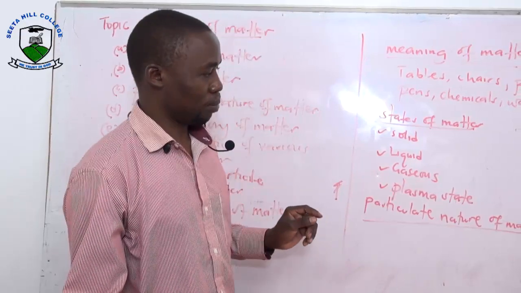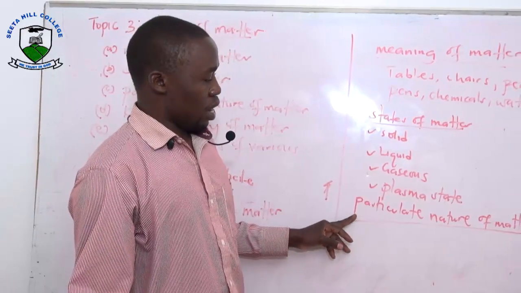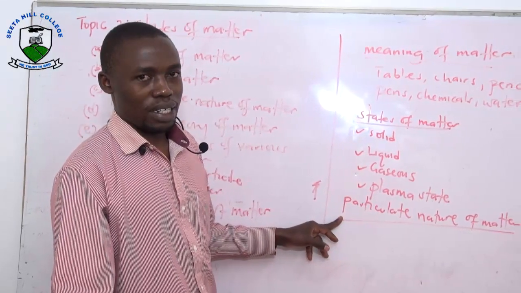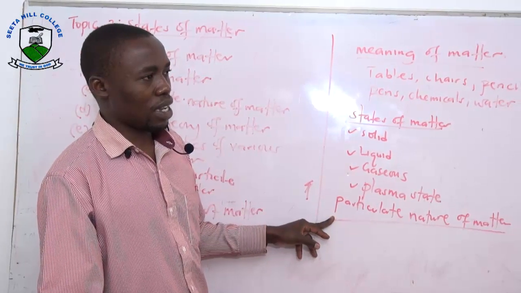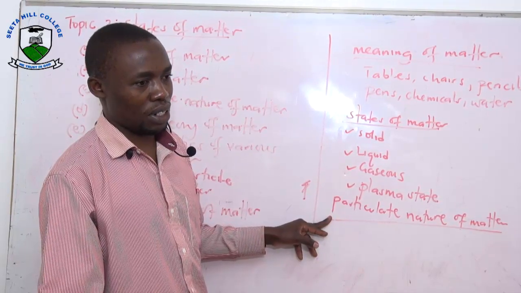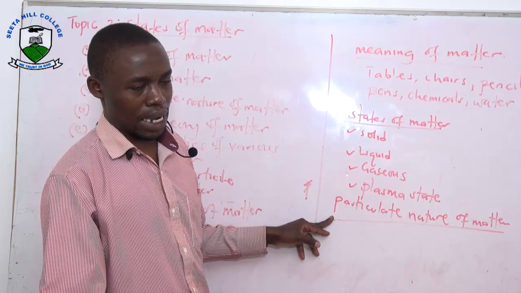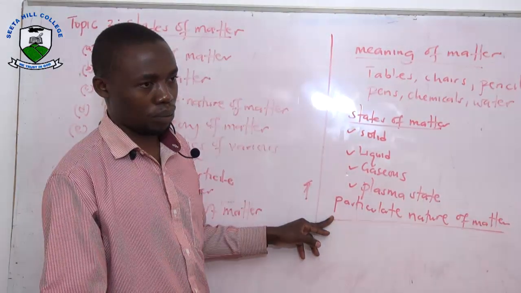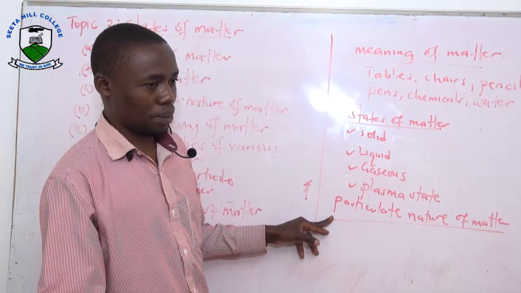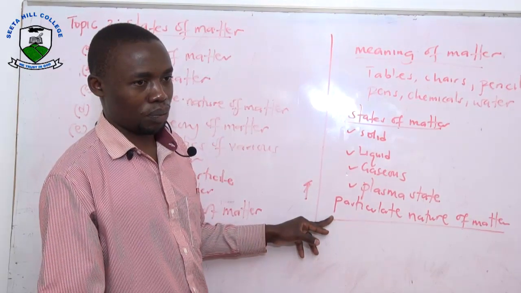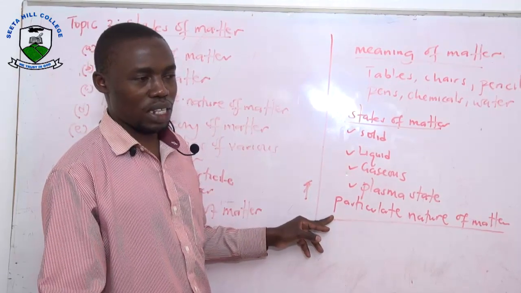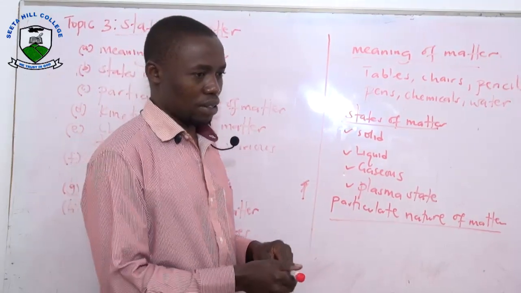Now listen. Scientists stated some theories, we call them scientific theories about matter. And those theories are under what we call particulate nature of matter. So, before I visit those theories by scientists, I would first look at this case here.